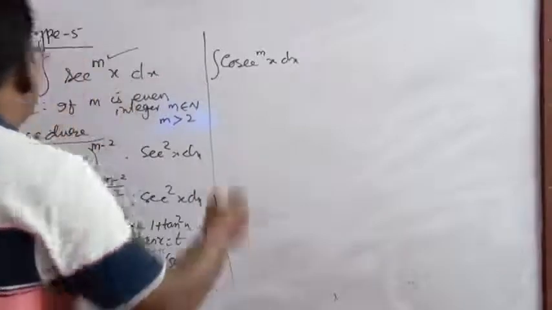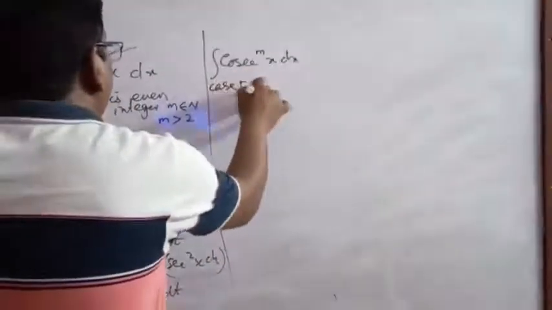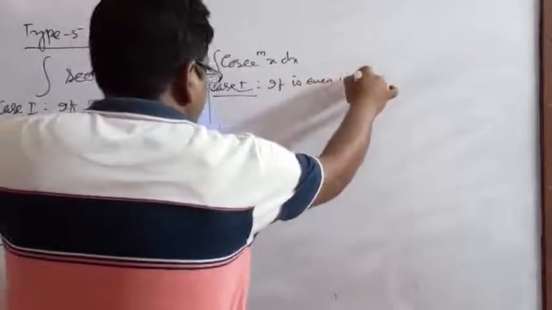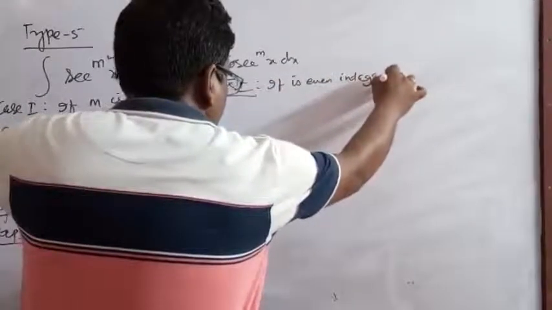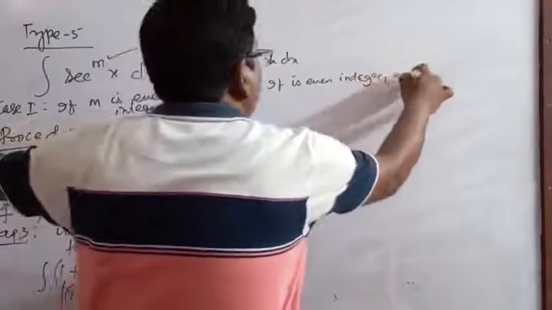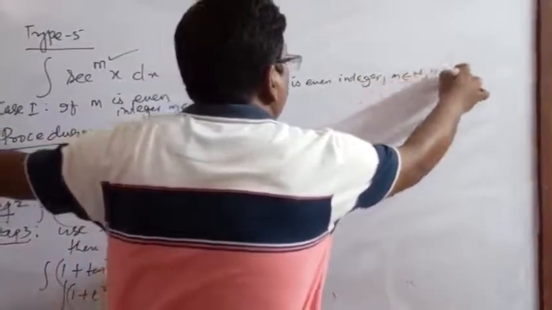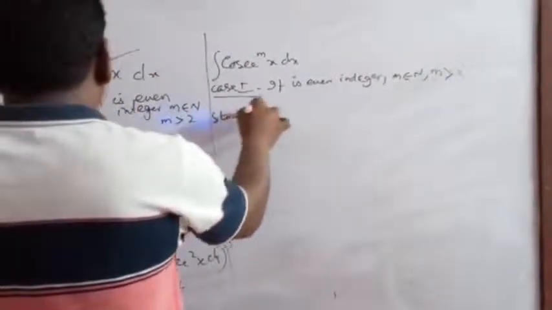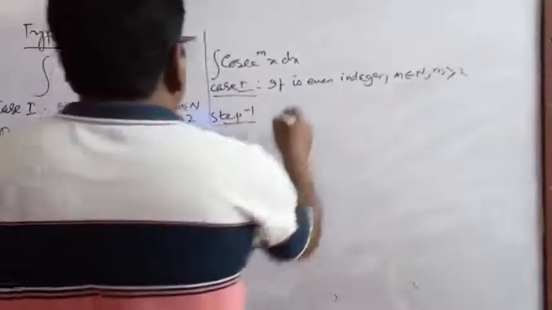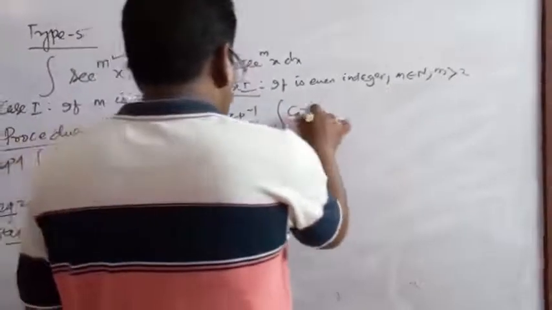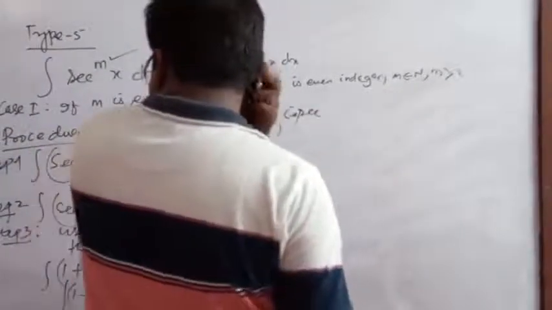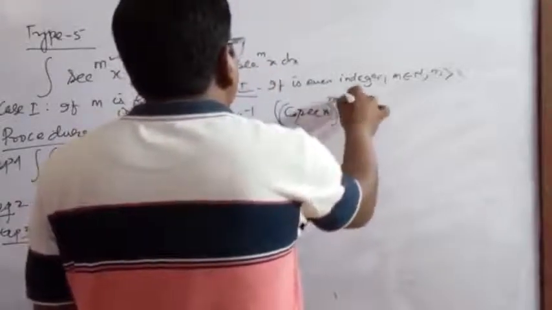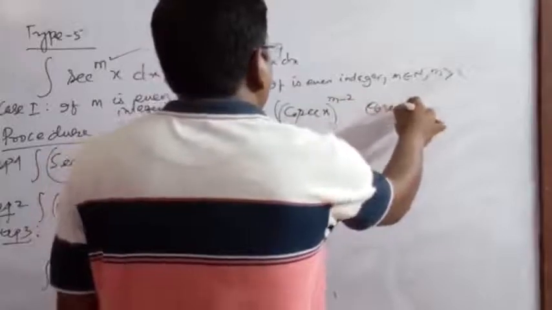Similarly, same process for cosec. Case 1: if m is an even integer, m belongs to N and m greater than 2, same thinking. Step 1: write cosec x to the power m minus 2 into cosec square x dx.